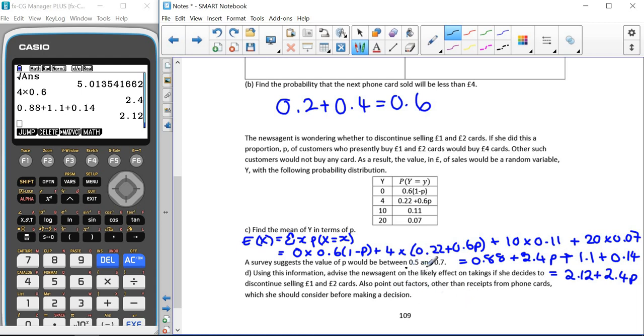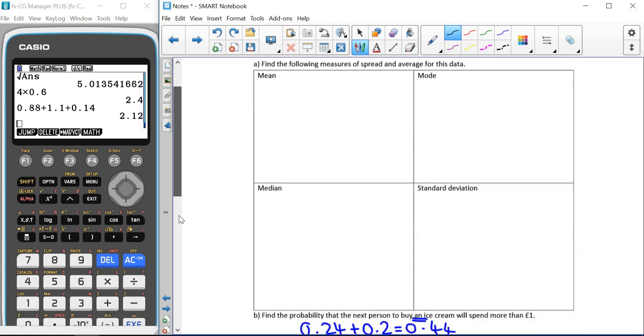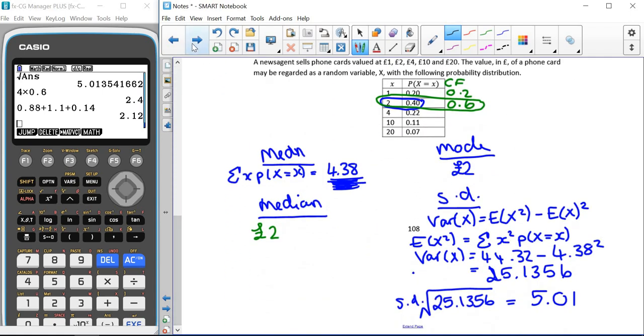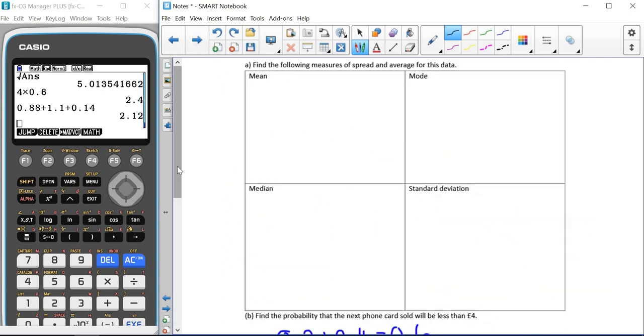Well, if we have a look at these two numbers and compare them with our mean from before, remember that our original mean was £4.38.